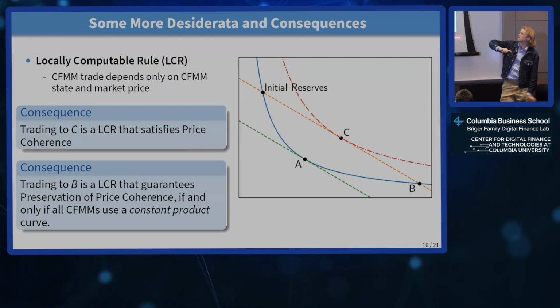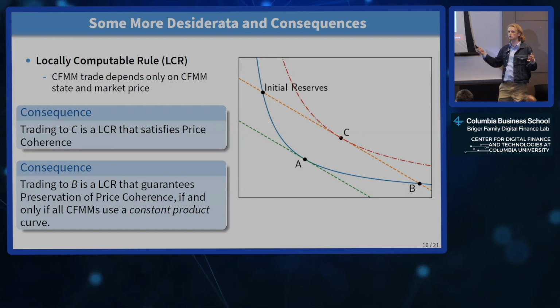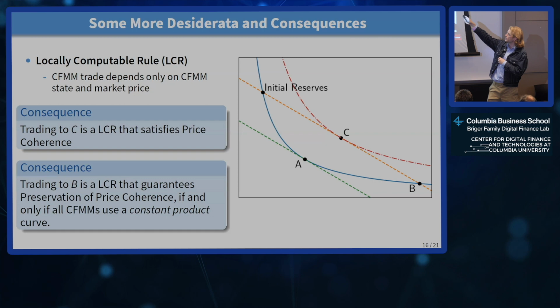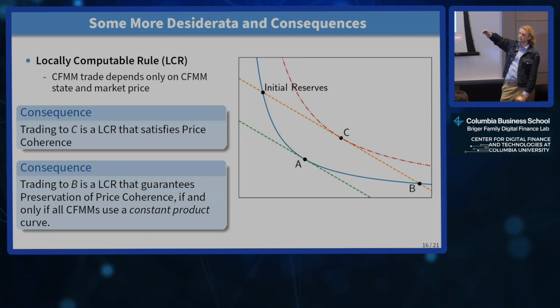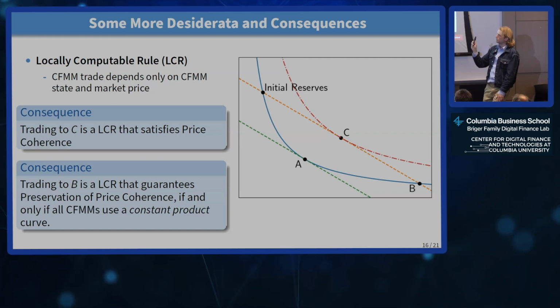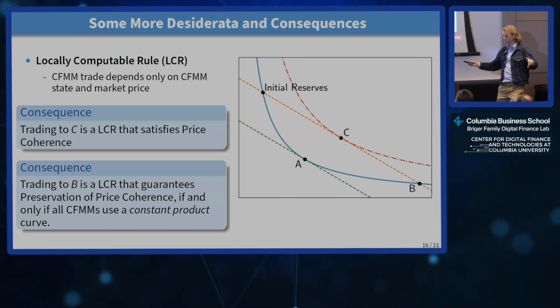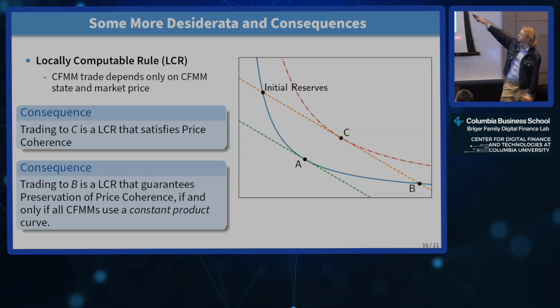Another thing you might want is for the rules to be predictable and computable as a function of just the CFFM. I'll get to why this is nice, but once we have this, some things to point out is that, well, if you want price coherence, the only thing you can do is trade to point C. But in fact, also, if you want preservation of price coherence, there's a big class of rules, of points that you can do.